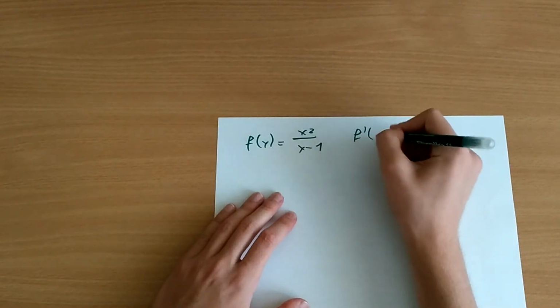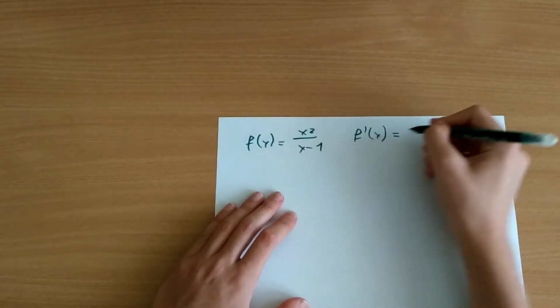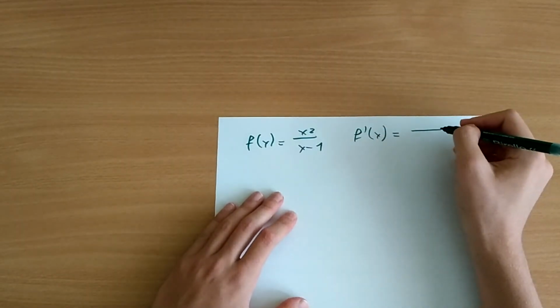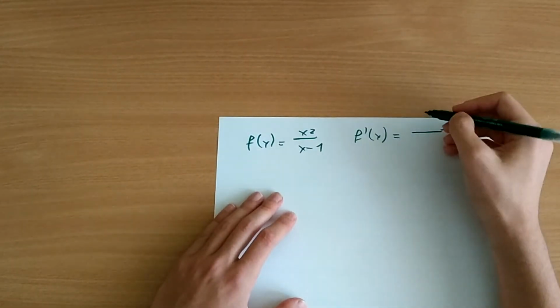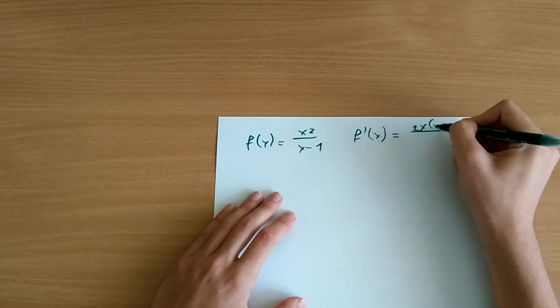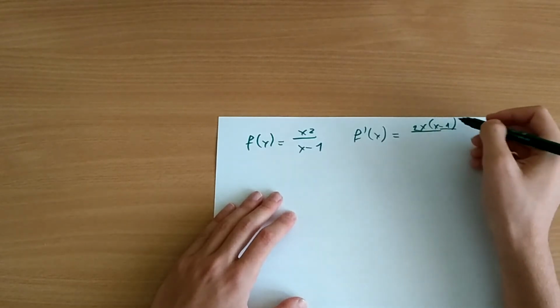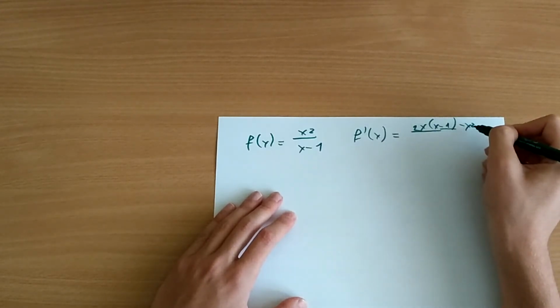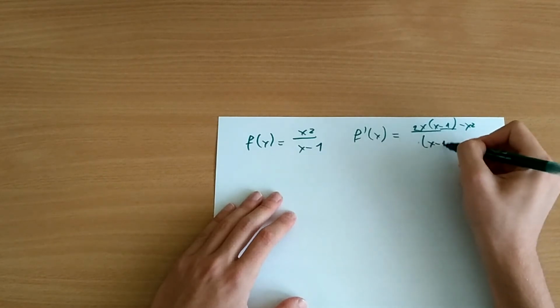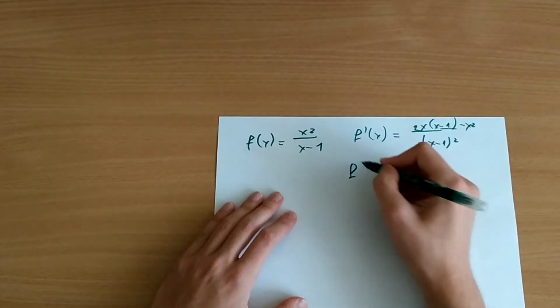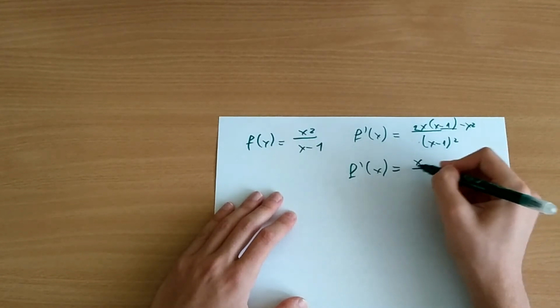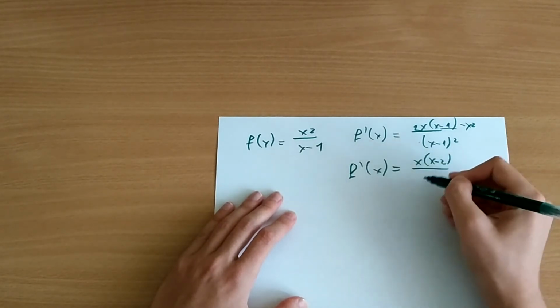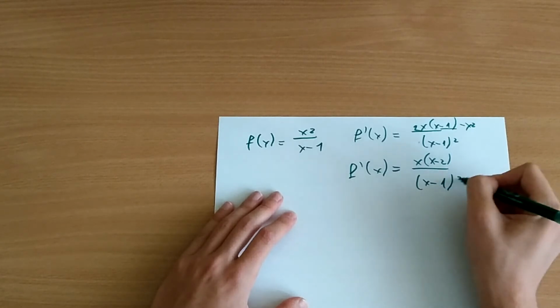So f prime of x will be equal to what? We need to use the quotient rule here. So I'm just going to write this since we don't have a lot of time. Minus x squared over x minus 1 squared. And this can be simplified to x times x minus 2 over x minus 1 squared.